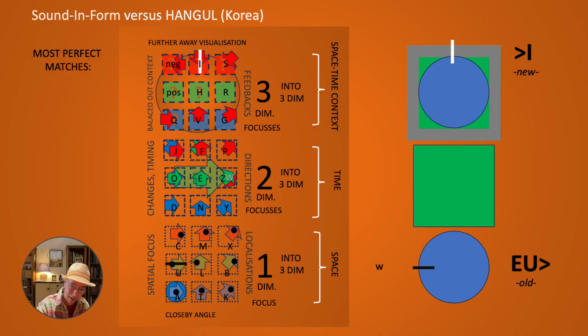The counterbalance of that is, where do you find that as a yin and yang balance? If you have the matches in the Korean script, you come at the place where I have the U. Or the U, the U, all of that.